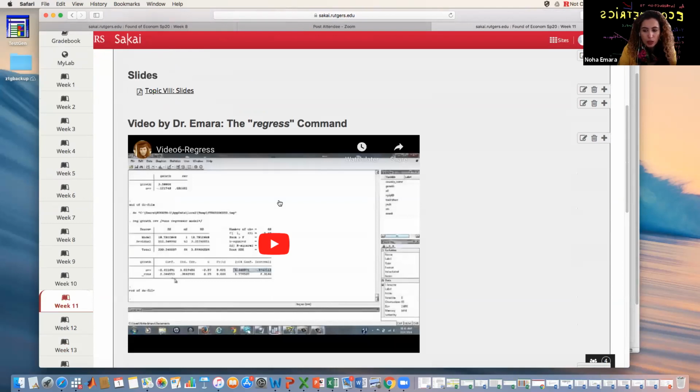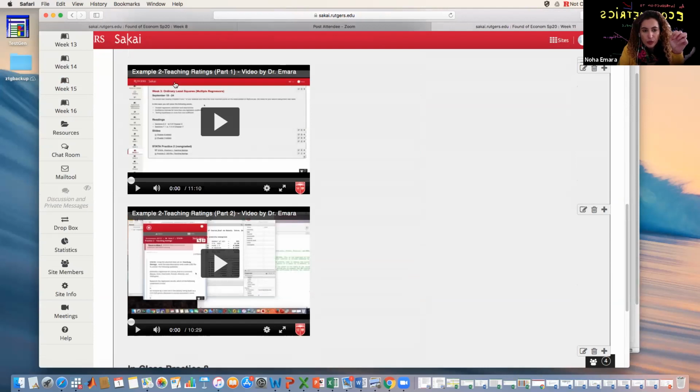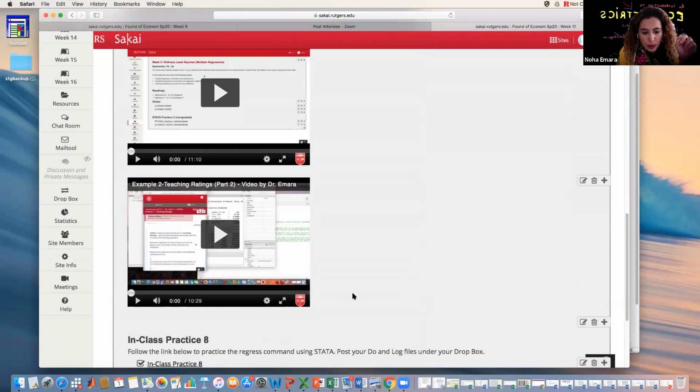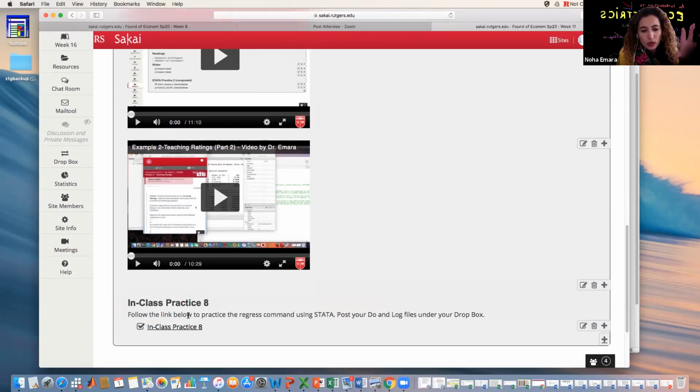Again, it's repeating what I just said in case you missed anything. So this is about the regress command. And then you have an example here using the teaching ratings data set. So you can watch these 2 videos and it would make your life easy. You would be able to figure out how to estimate the models using Stata easily. I will leave this for next week. So I will move this to week 12. I just want to make sure that you are absorbing the materials before I test you on it. I know it's relatively challenging, so I'm going to move this to next week.